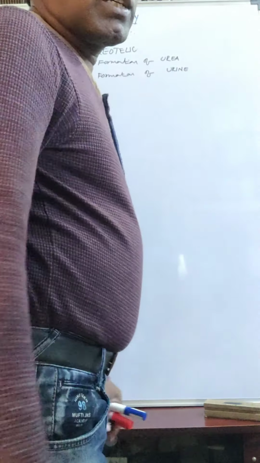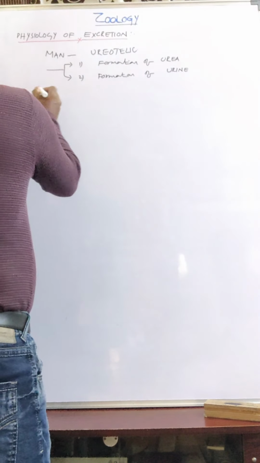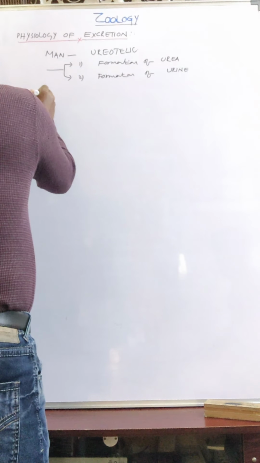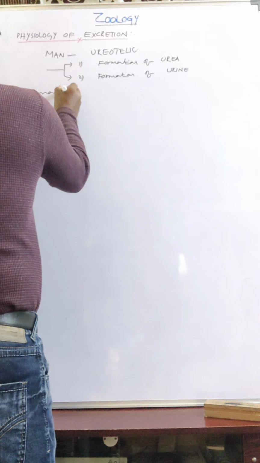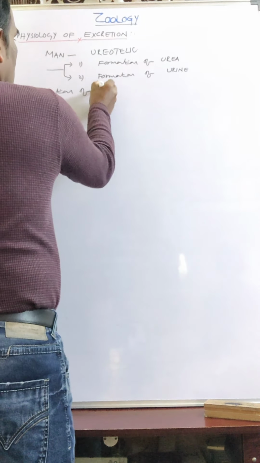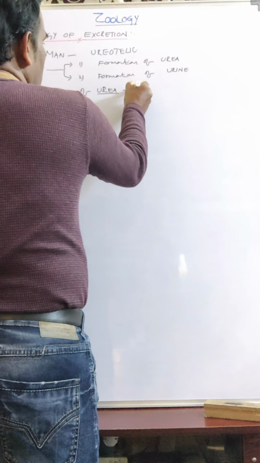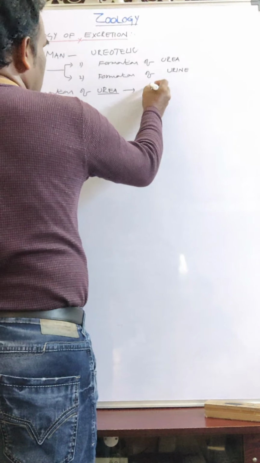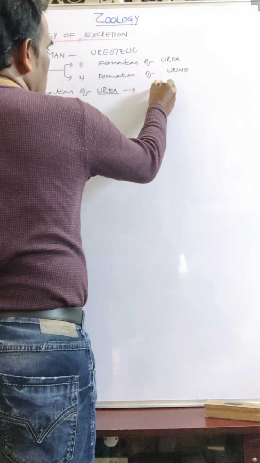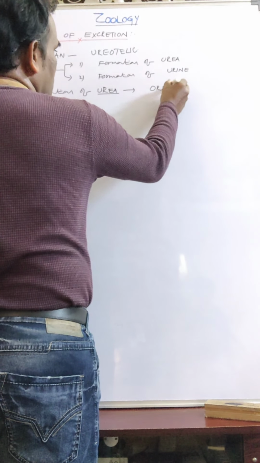Let's see the formation of urea. The formation of urea takes place in a cyclic manner, which is called the ornithine cycle.